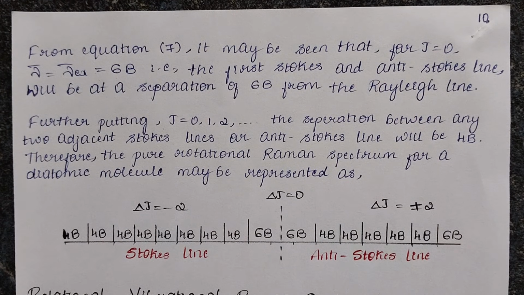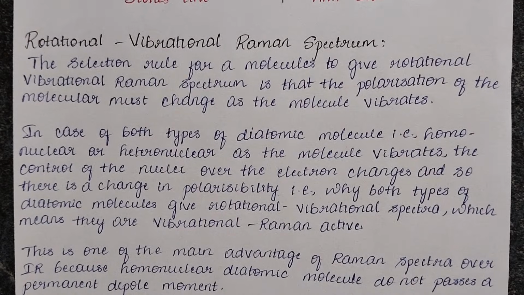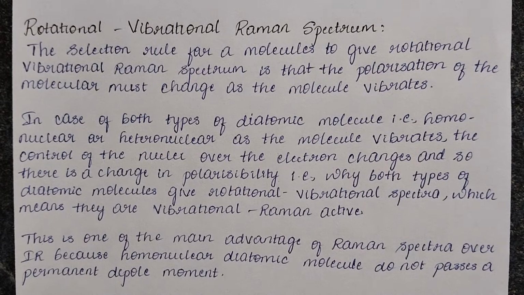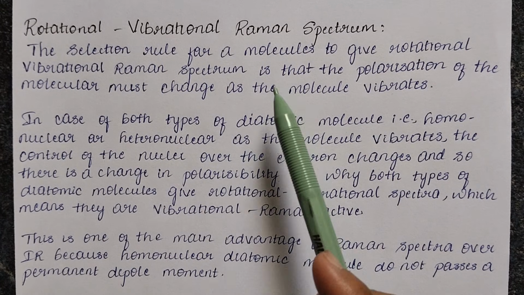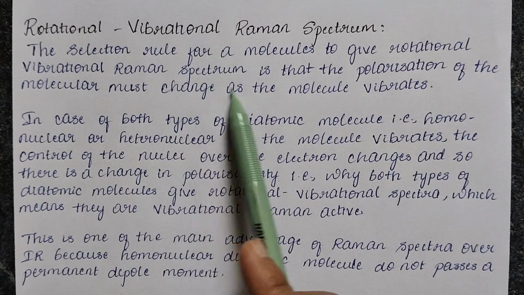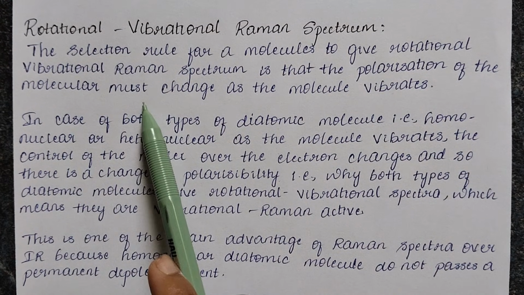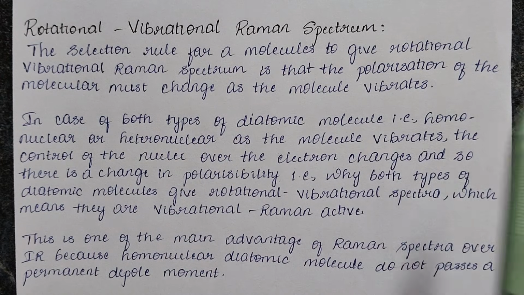Now let us see the rotational vibrational Raman spectroscopy or Raman spectrum. The selection rule for a molecule to give rotational vibrational Raman spectra is that the polarization of the molecule must change as the molecule vibrates.